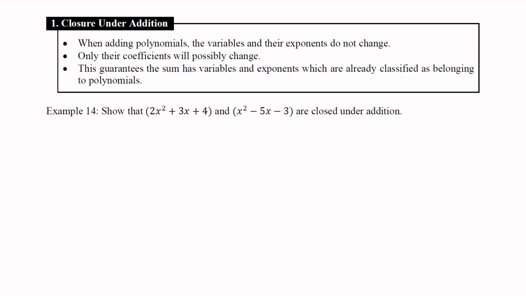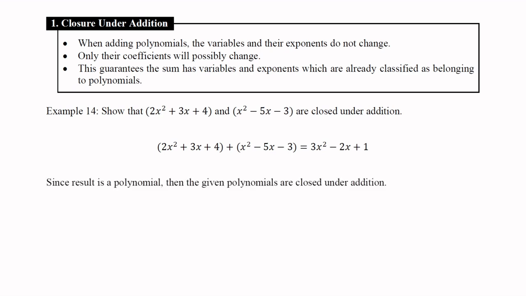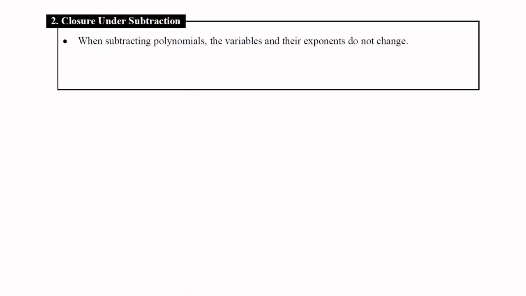So in this example, we're going to show that these two polynomials are closed under addition. So when we add the two polynomials, you end up adding like terms. So we get 3x squared minus 2x plus 1. Since the result is also a polynomial, then the given polynomials are closed under addition. Closure under subtraction.